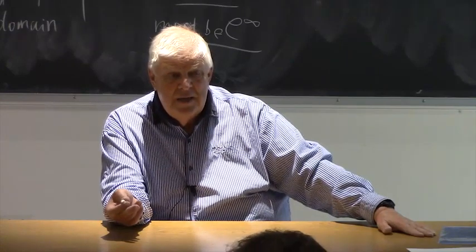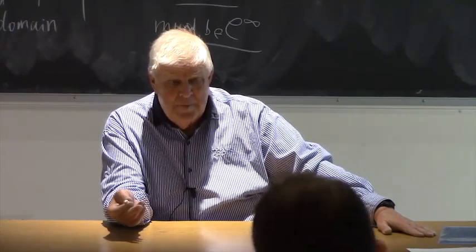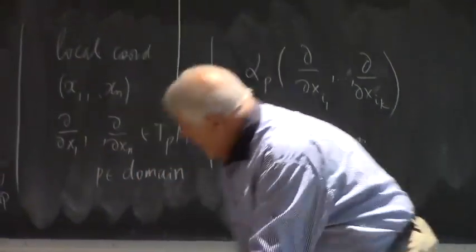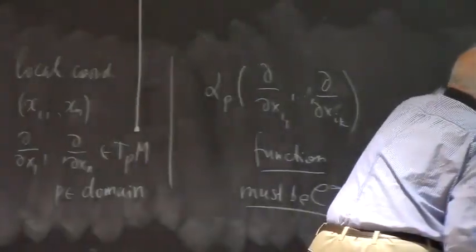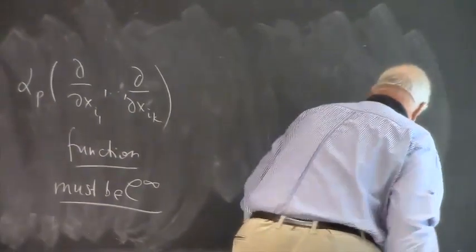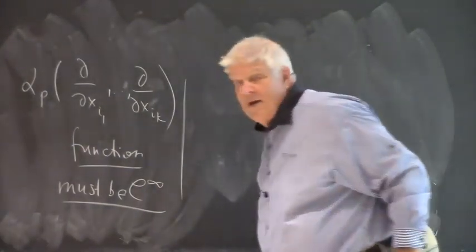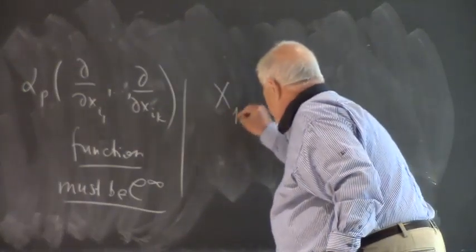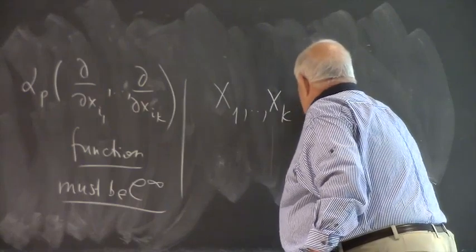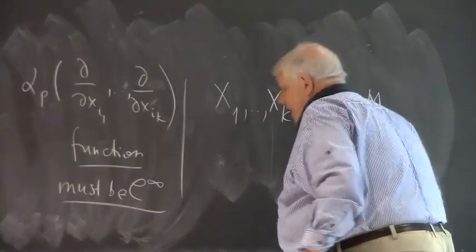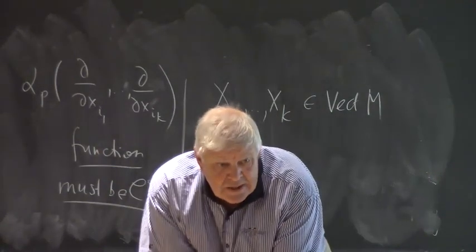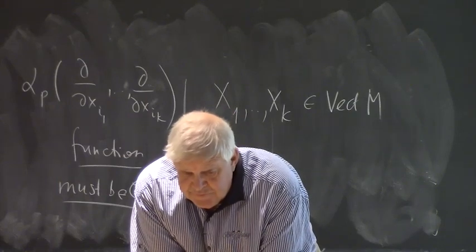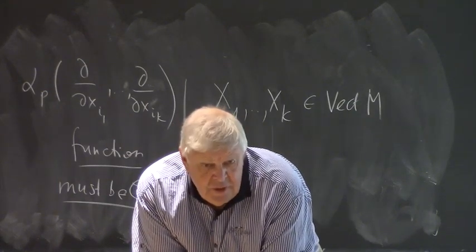And there exist two different approaches, of which I consider here one. Namely, I say the following. Forget local coordinates. Suppose that we have k arbitrary vector fields on our manifold. Actually, we already have definition of vector fields, and they are all C infinity.